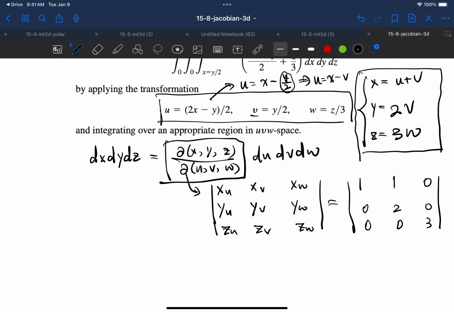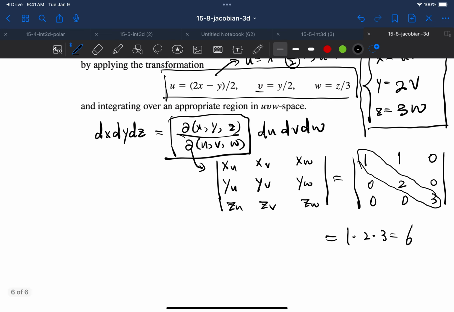And this is upper triangular because below the diagonal entries you have all 0 numbers. So in this case, we can just do 1 times 2 times 3, the product of 3 numbers, which is 6.